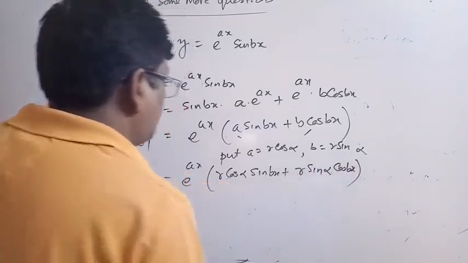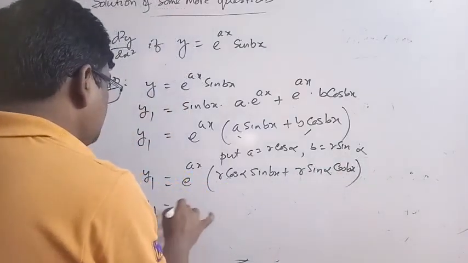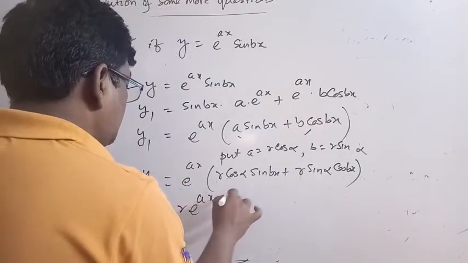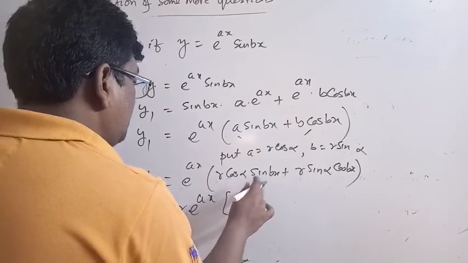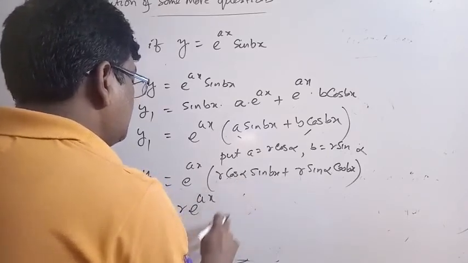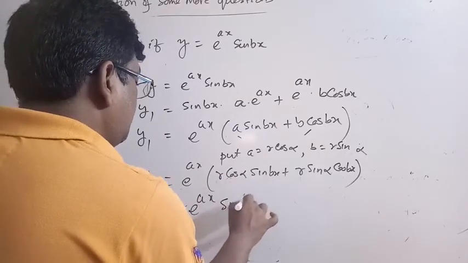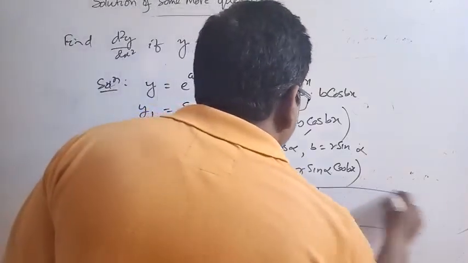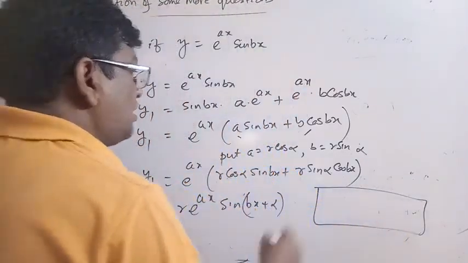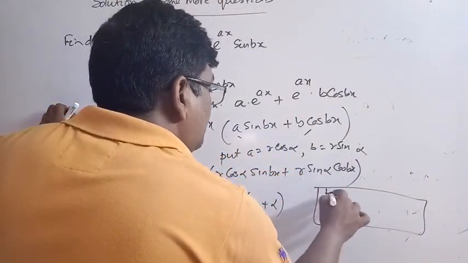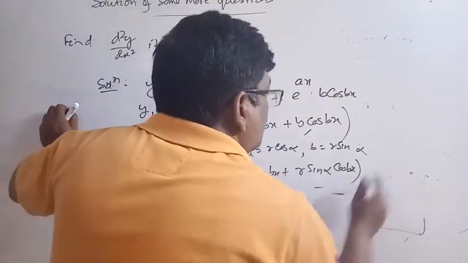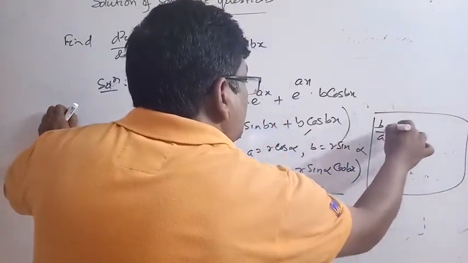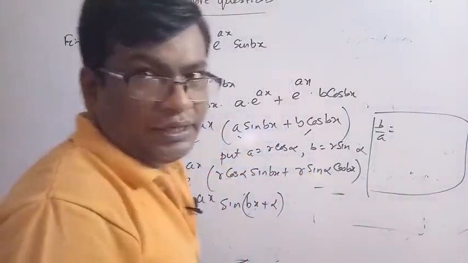Take r common here: y1 is equal to e to the x r sin of bx plus alpha, where tan alpha is equal to b by a.